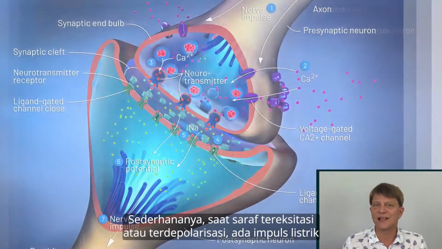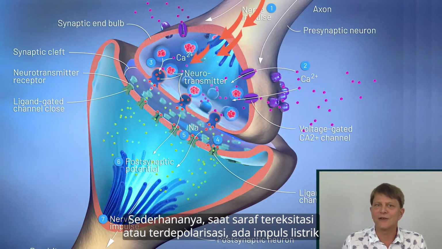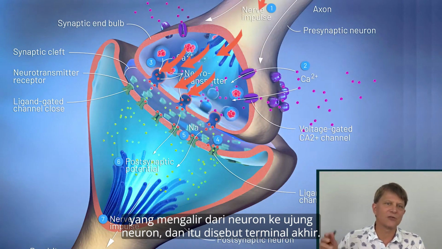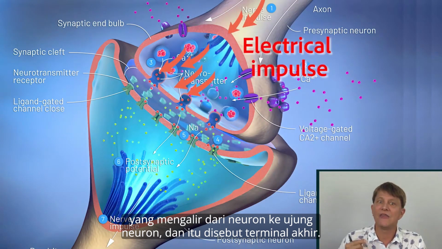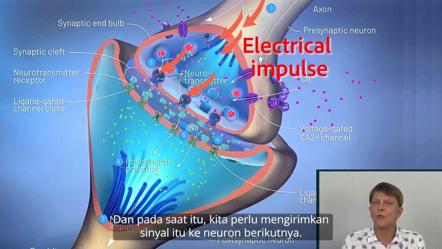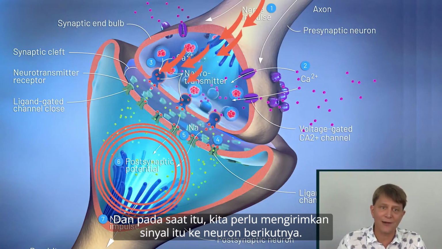So very simplistically, when a nerve gets excited or depolarizes, there's an electrical impulse that travels down the neuron to the far end of the neuron, and that's called the end terminal. And at that point, we need to transmit that signal to the next neuron.